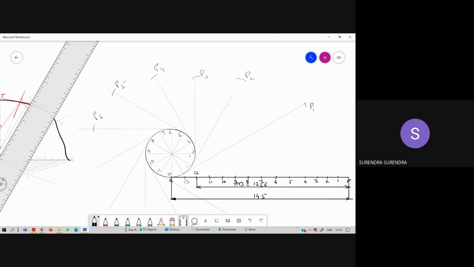Similarly, get P6, P7, P8, P9, P10. Next, measure the distance from A to 11. 11 as center, P11. Next, measure the distance from A to 12. 12 as center. So 12 and P12 coincide.